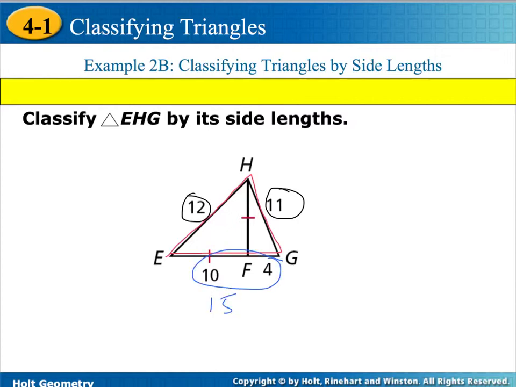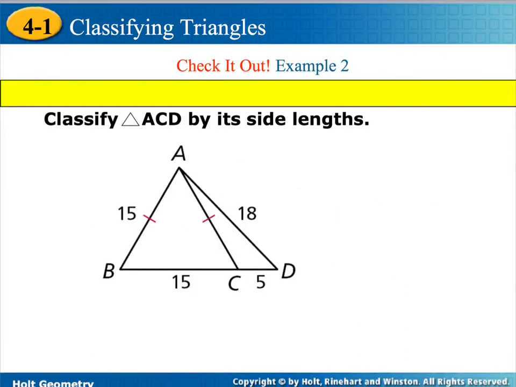So we have 12, 11, 15. We have 3 different side lengths. None of them are the exact same. So we have a scalene triangle because none of them are the same. Questions? Concerns? Awesome. Moving on.